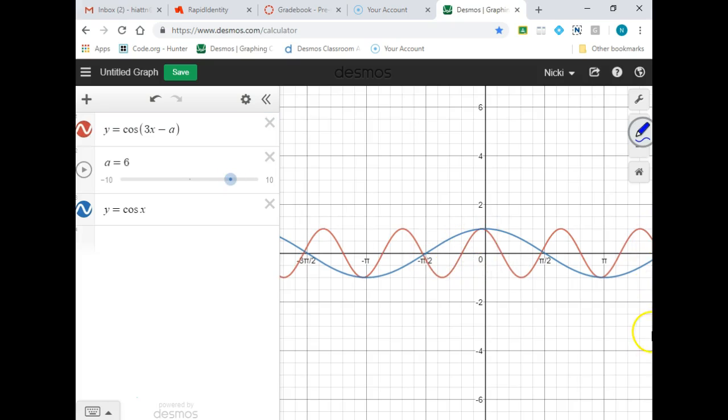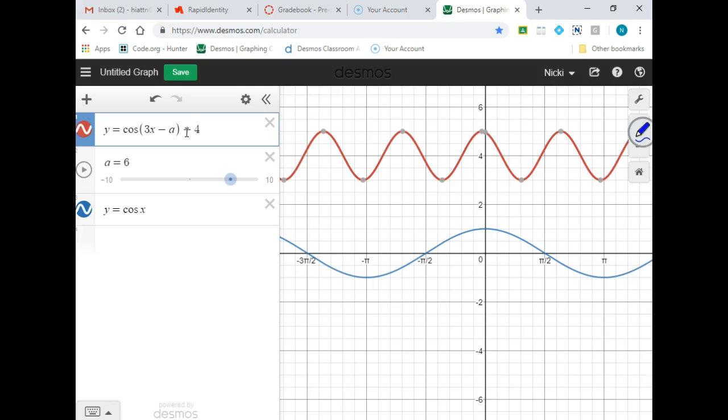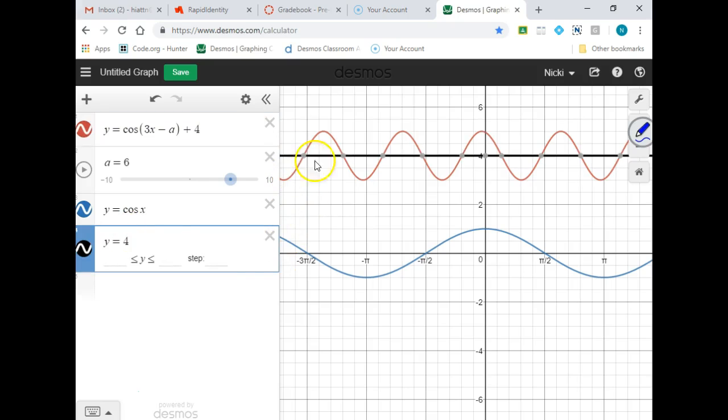So that slides it over. And then we'll have a plus 4 on the end. That plus 4 on the end just takes all of that and moves it up. If I were to graph y equals 4, I can see that goes straight through the middle of that graph, so that's my midline there. Okay, questions on that?